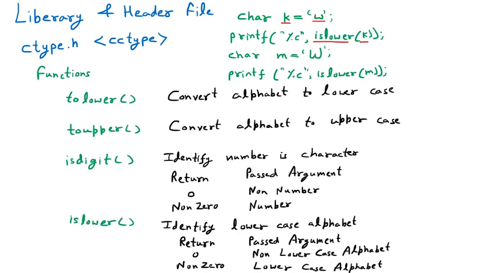If we are having a lowercase alphabet, in that case the result will be non-zero. Obviously the small w is a lowercase alphabet, so the answer will be a non-zero value. Non-zero value means it can be 1 to anything depending upon the islower function.